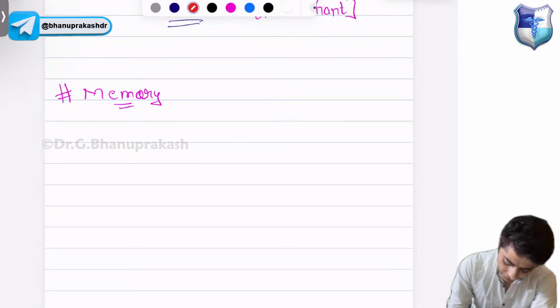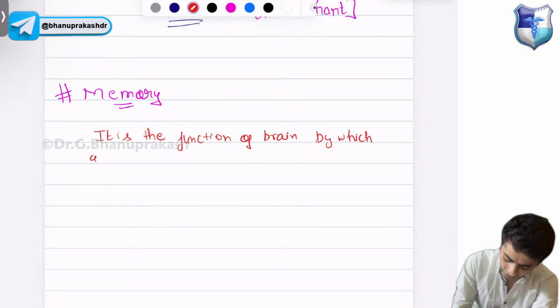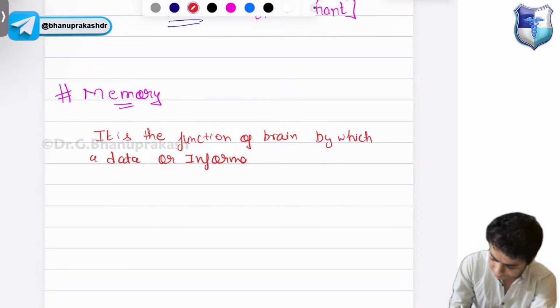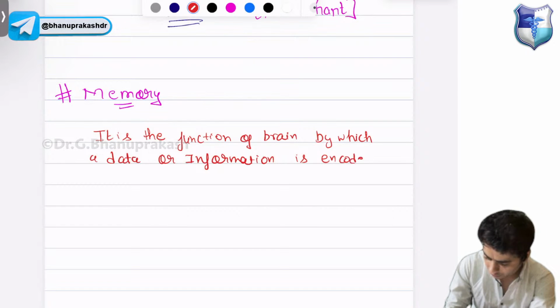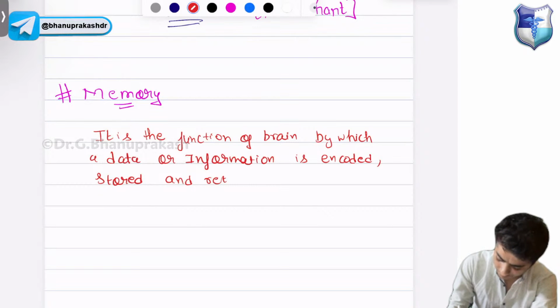So it is, you can say, a function of the brain by which data or information is encoded, stored, and retrieved when needed.